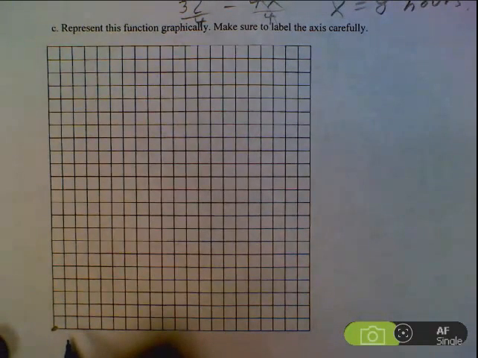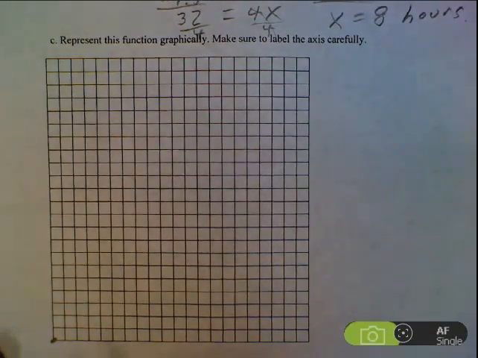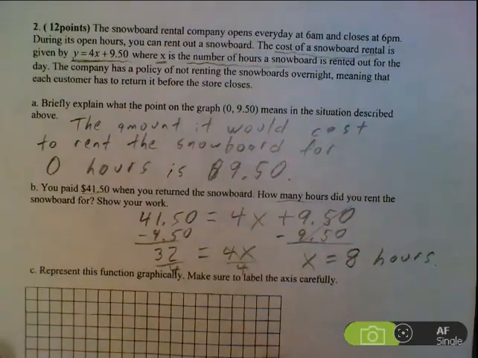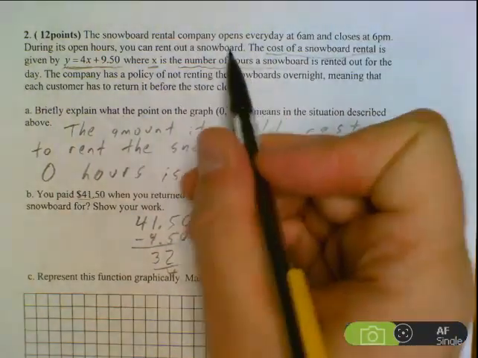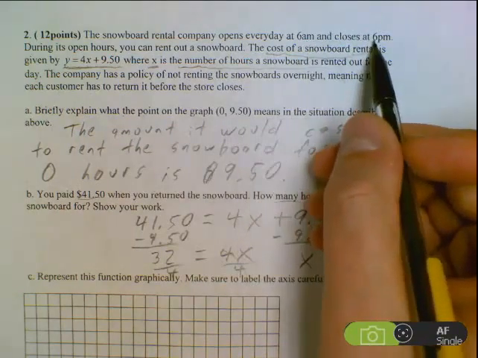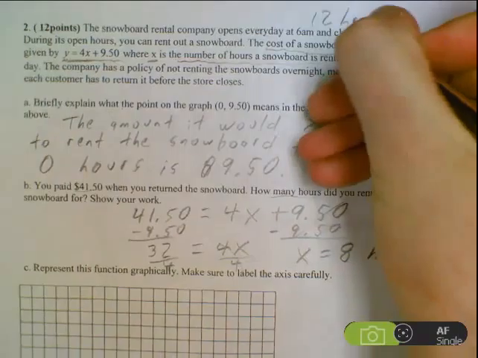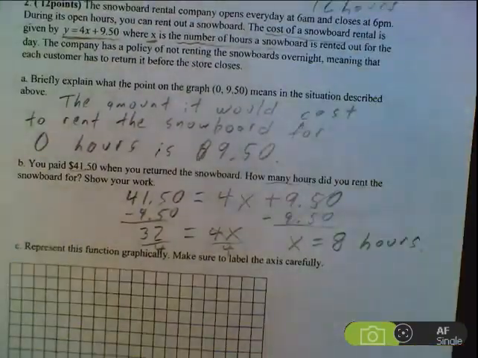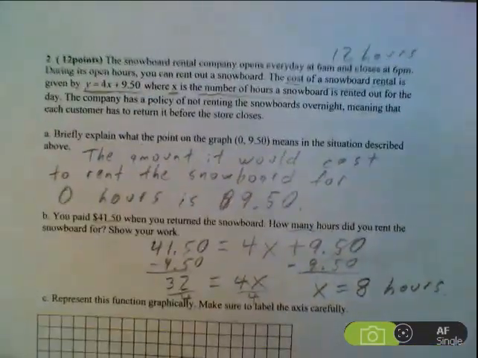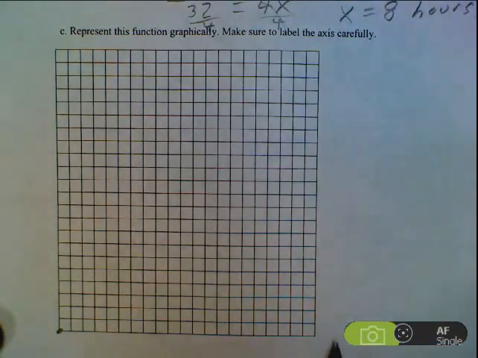And so then what you want to do is figure out how to scale this. If we look back up here, a snowboard rental company opens every day at 6 a.m. and closes at 6 p.m., so that's a total of 12 hours. The most hours we could rent it for is 12, so we want to make sure we can fit around 12 on the bottom.